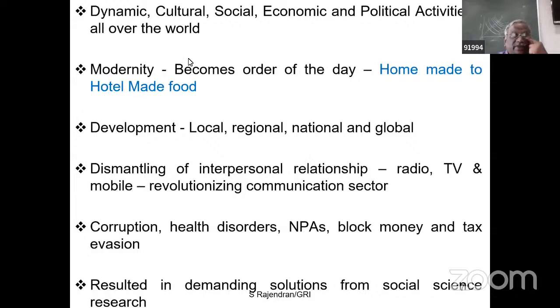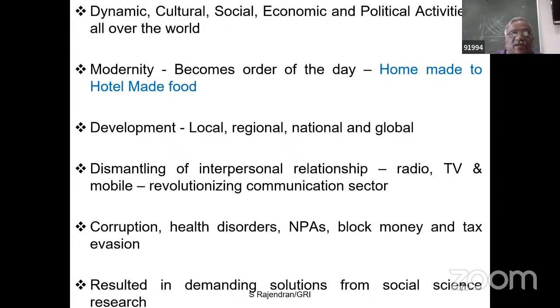So all these influence the Indian researchers to think of taking up research. At the same time, we are all dynamic in the society. And therefore, the dynamic changes that are taking place around the world need to be captured in capsule form, and therefore, social research effort comes into being. And also, I would like to very painfully say, modernity leads the other becomes order of the day nowadays.